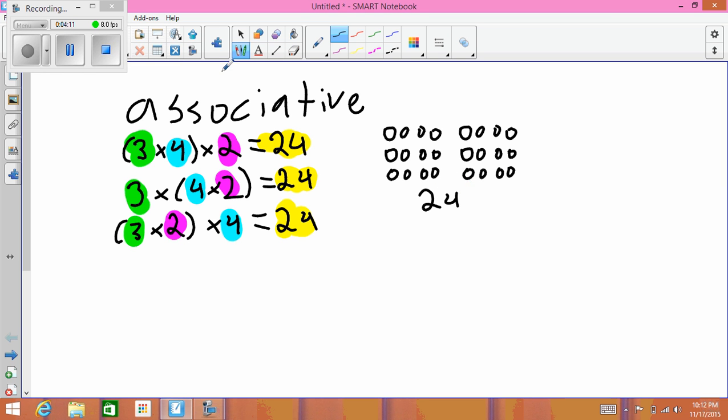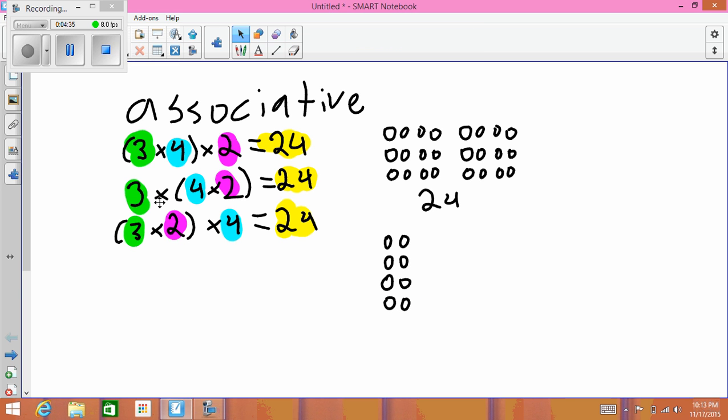Now, if this property is true, then when I build the arrays to match this problem right here, I still have 24 total objects. So in this one, my parenthetical grouping is 4 times 2. So 4 groups of 2. 1, 2 groups of 2, 3 groups of 2, and 4 groups of 2.